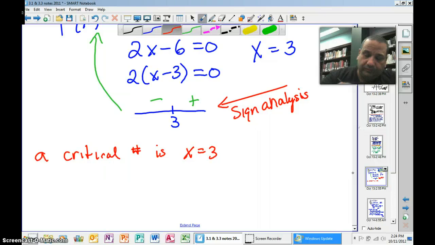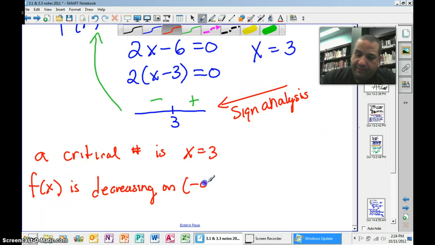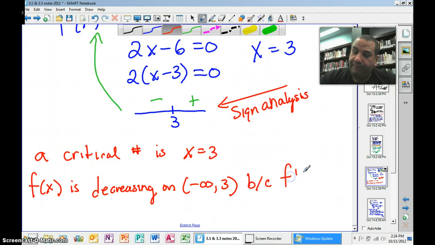Now, f of x is decreasing on negative infinity to 3 because it was minus. And I have to say because f prime of x is less than 0.